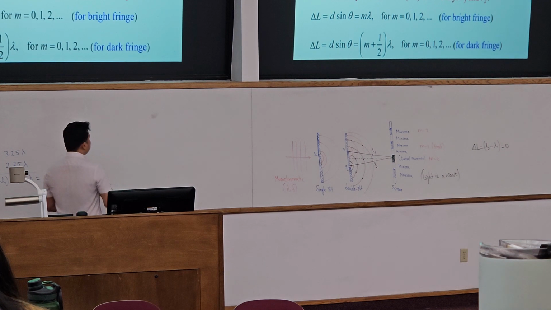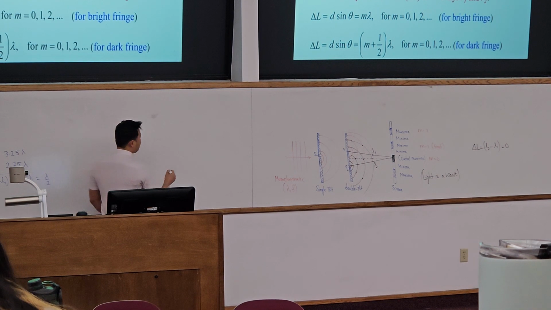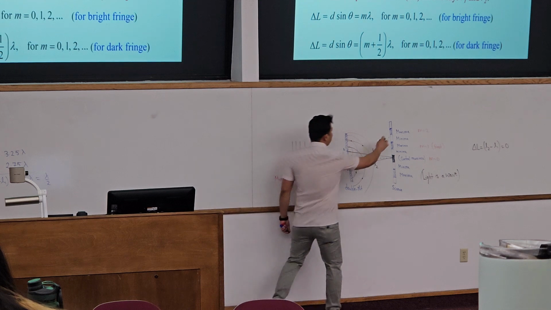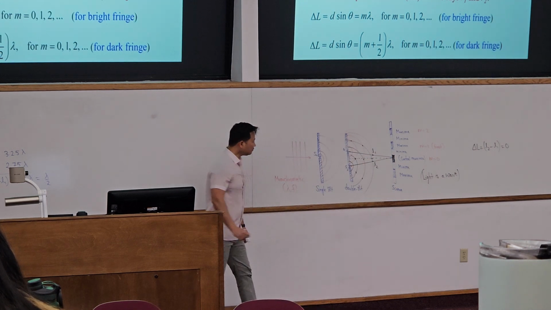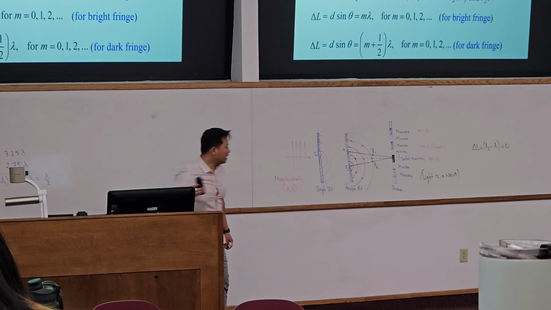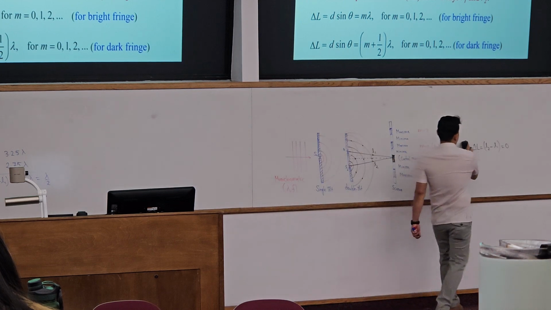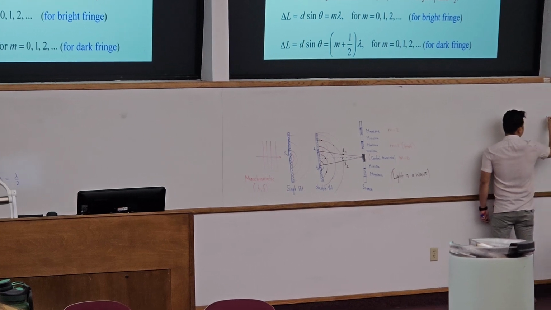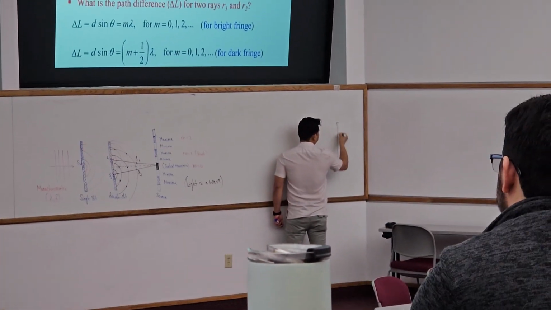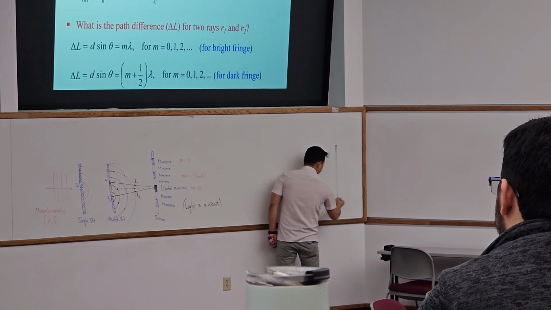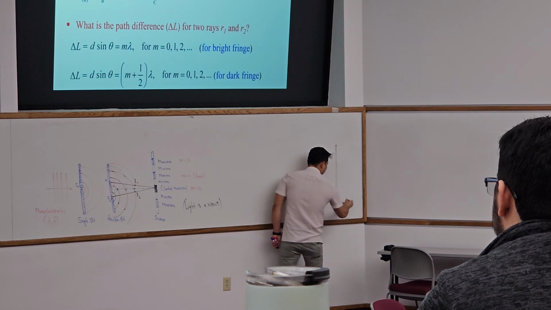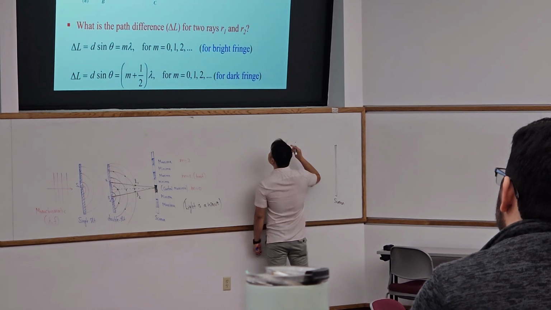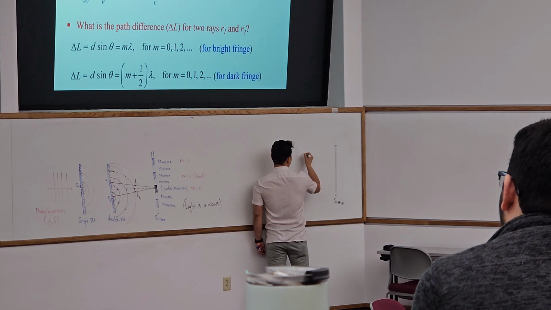You can do some simple mathematics over here. Let me take any random point on the screen. This is my screen. Okay, and for simplicity, I just talk about 2 points over here.